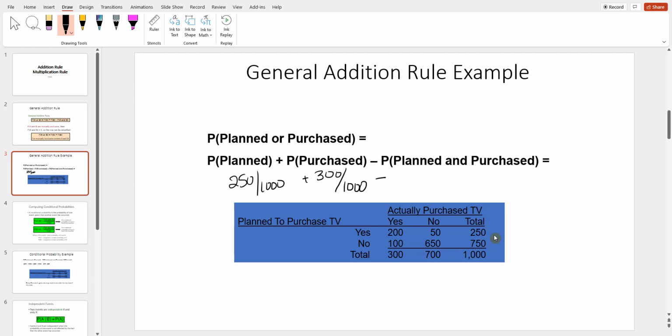We're going to subtract off the probability that you planned and purchased to buy a TV. That would be within the table, and that would be 200. Okay, so we get 350 divided by 1,000, which is 0.35.